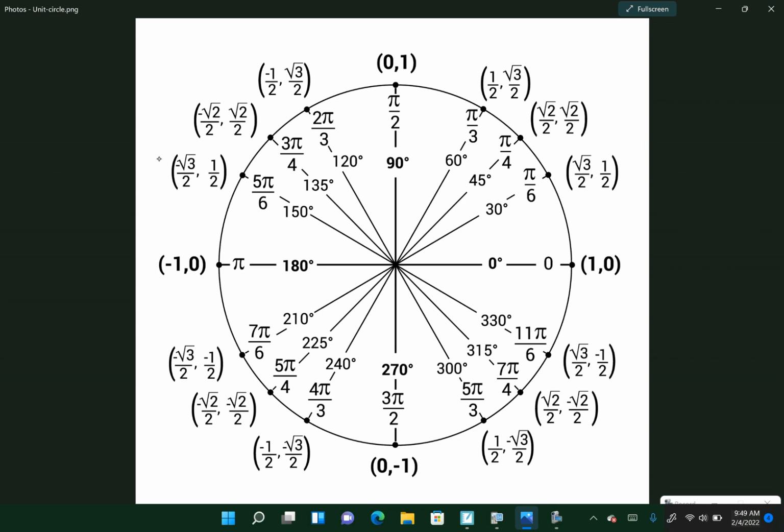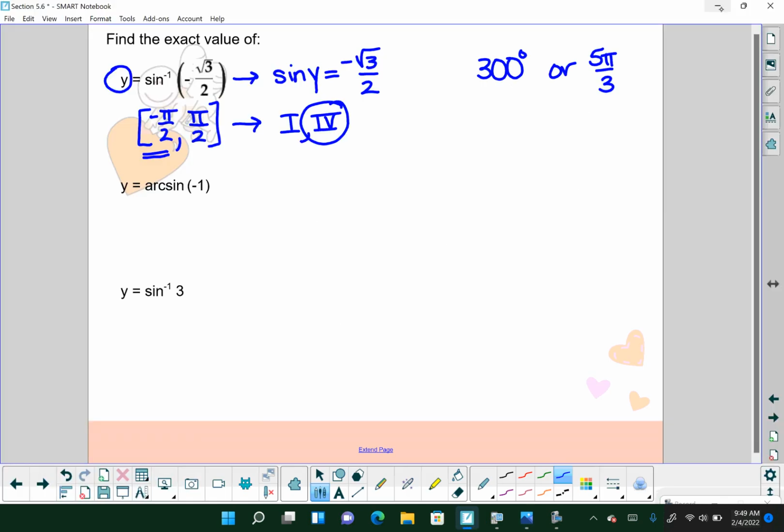You can find a coterminal angle by subtracting 360, or you can visualize that negative rotation. 300 is in the same position as negative 60 degrees. So that's going to be our answer if it's in degrees. If it's in radians, pi over 3 is equal to 60 degrees, so negative pi over 3 would be the solution.